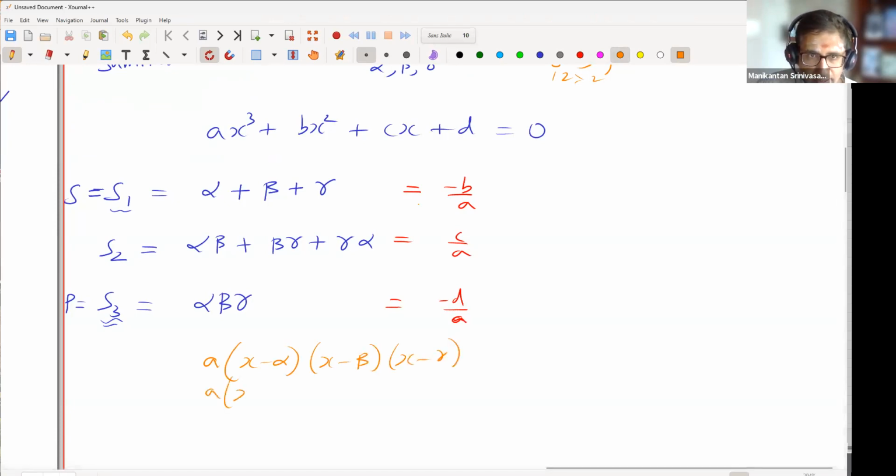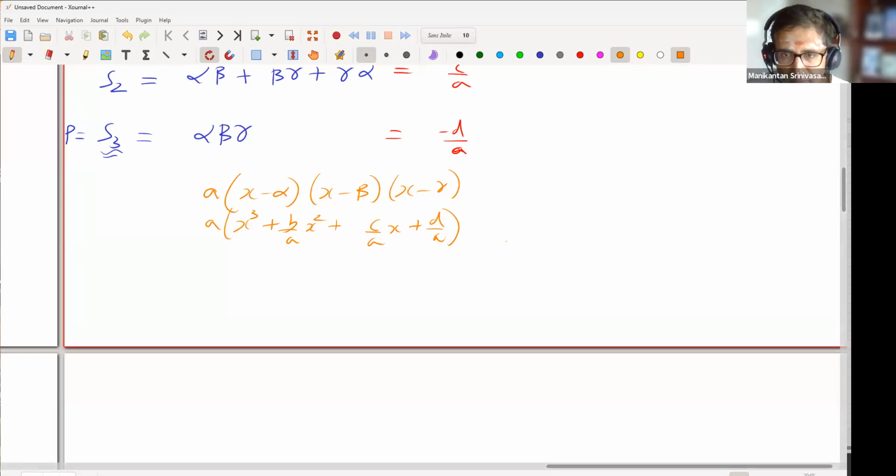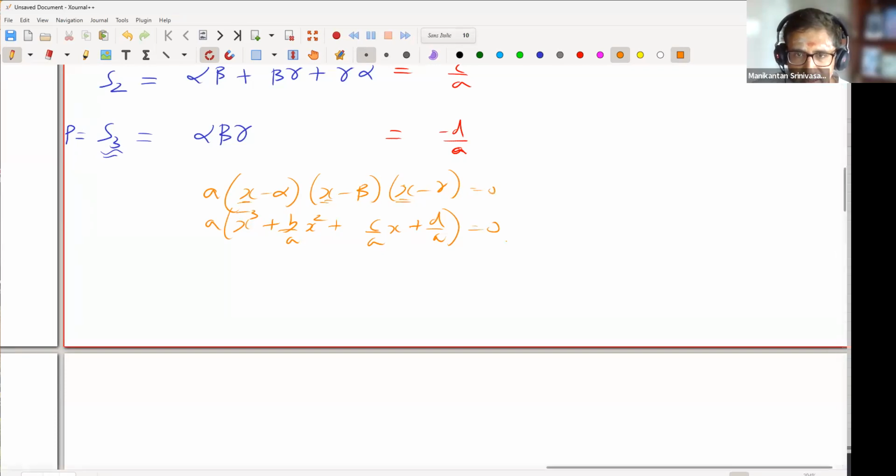And the other way of writing this is x cubed plus b by a times x squared plus c by a times x plus d by a, right? Now, if I try to compare both of them, x cubed is coming from this x times this x times this x, therefore it's x cubed. Where is the x squared coming from?